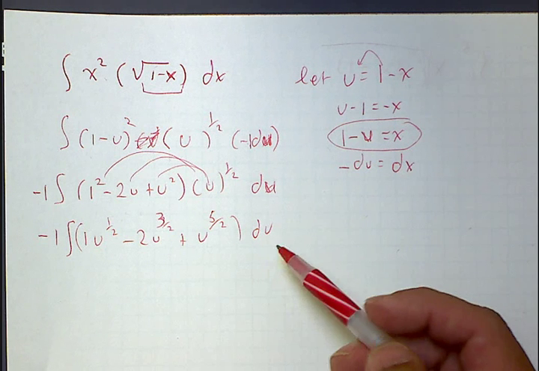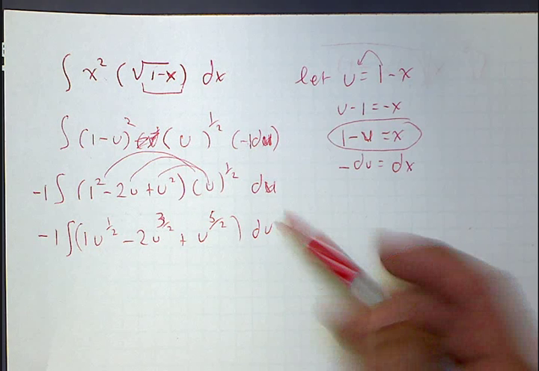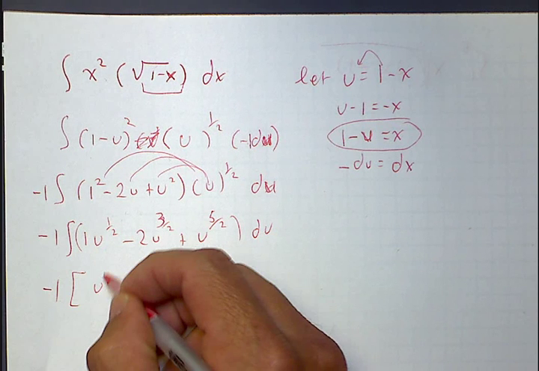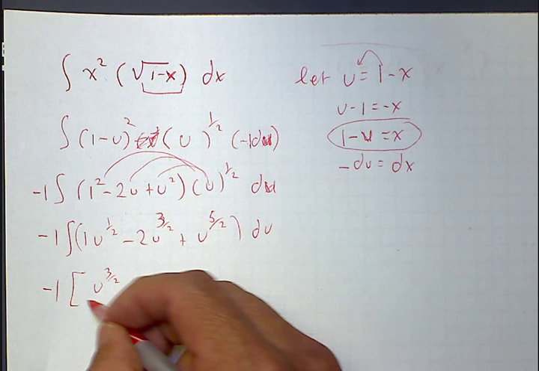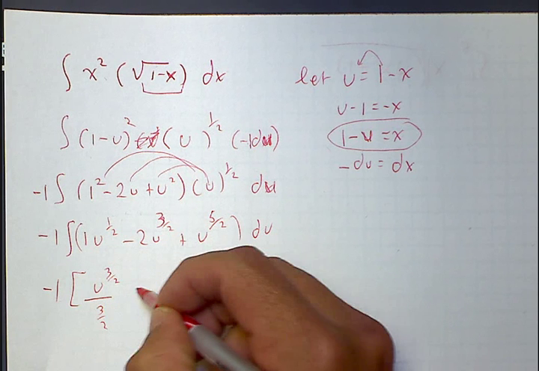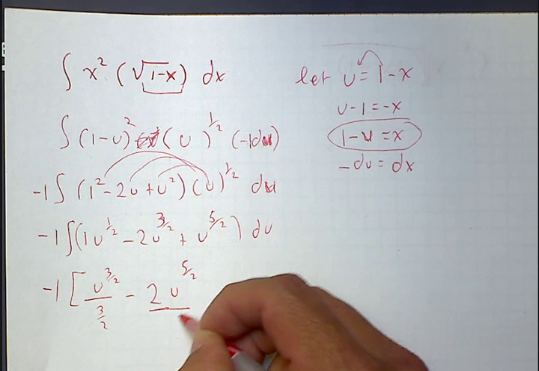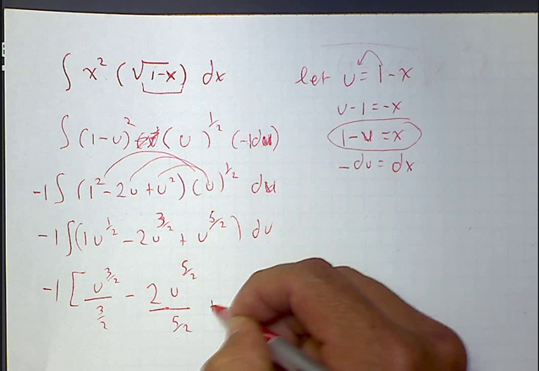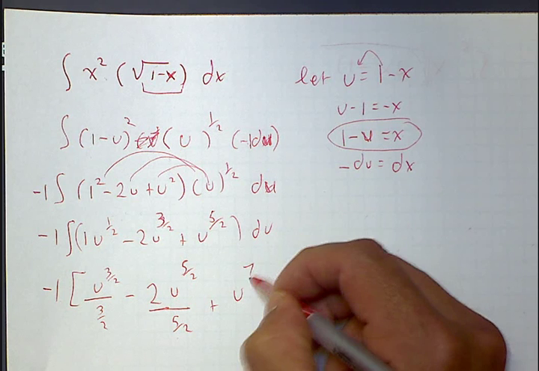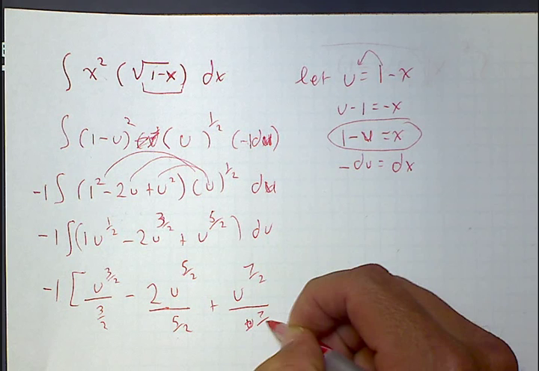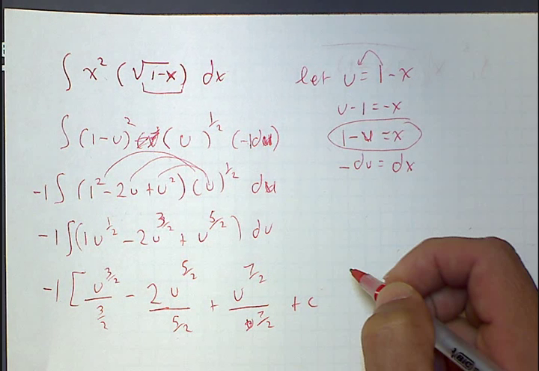All right, so now I can integrate each piece. So that's -1 times u to the 3/2, add 1 to that, divided by 3/2, minus 2u to the 5/2, divided by 5/2, plus u to the 7/2, divided by 7/2, plus c.